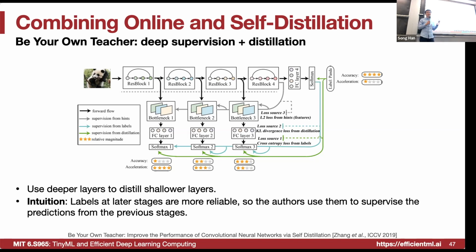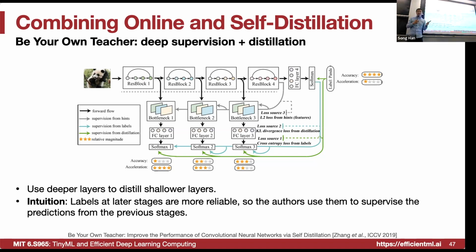But for some input examples which are very simple, we don't have to go through all the layers. Maybe after ResNet block 1, we can get a prediction that we are quite confident in. Maybe it's already good enough, and we don't have to run inference for other res blocks. And also we can use these deeper layers to supervise those shallower layers.